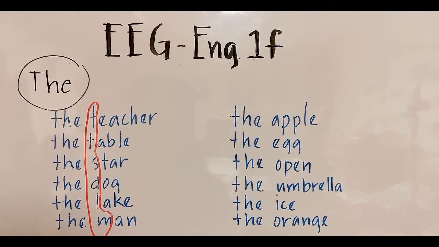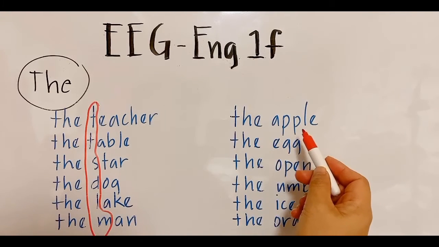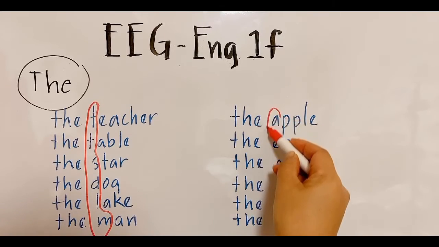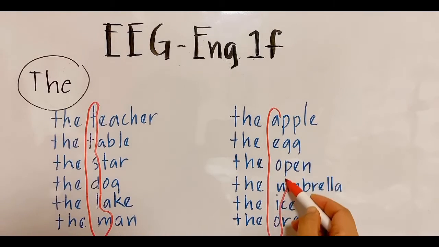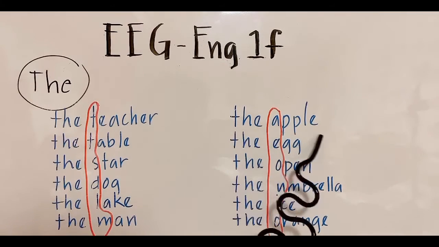Whereas on the other side, the is pronounced "thee" because the words that they precede start with vowels. That's why they read the apple, the egg, the open, the umbrella, the eyes, the orange. Can you see the difference? Here are consonants and here are vowels. Can you see the difference now?